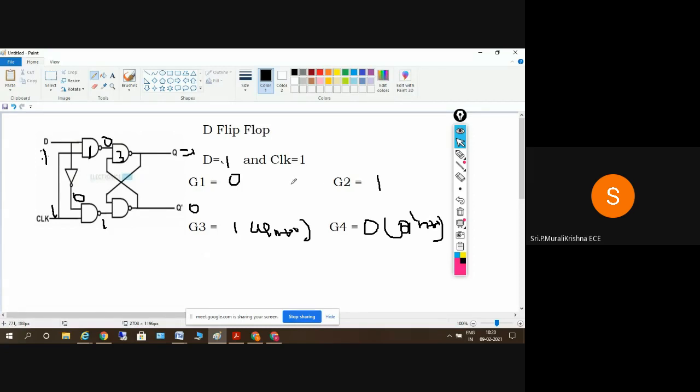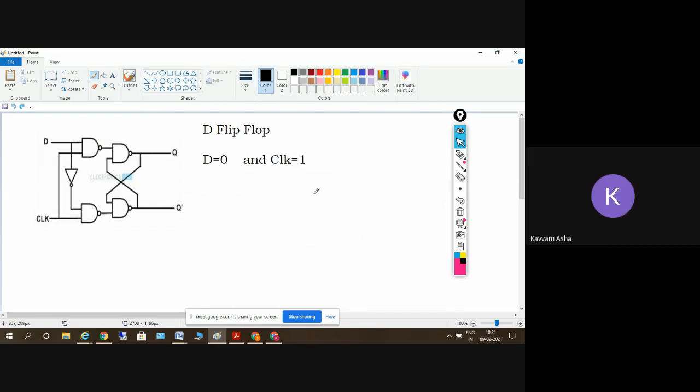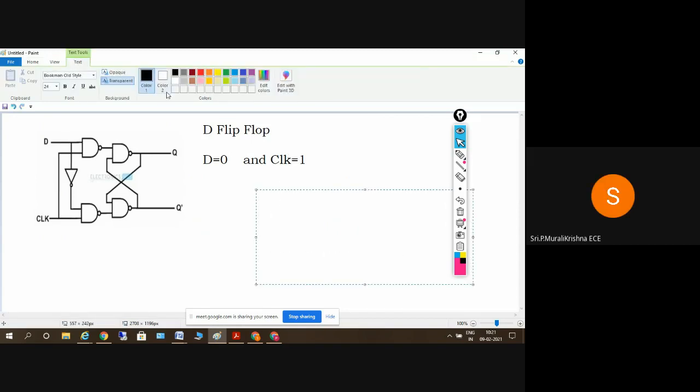So next, we'll see the truth table of this one here.